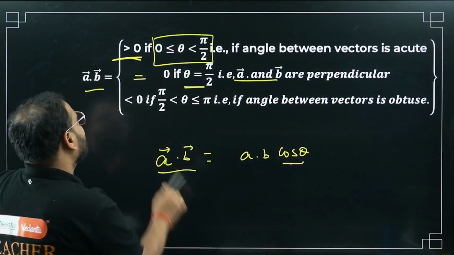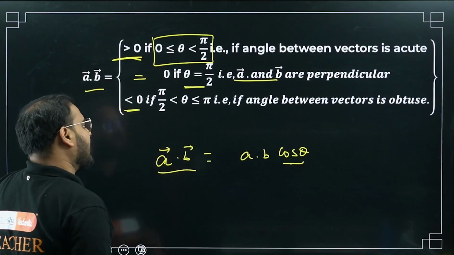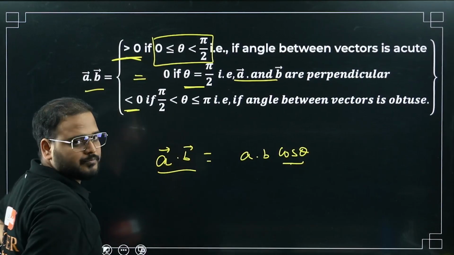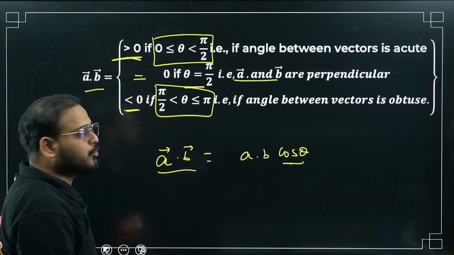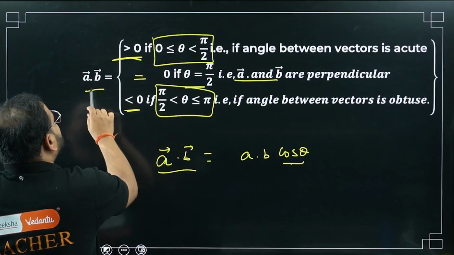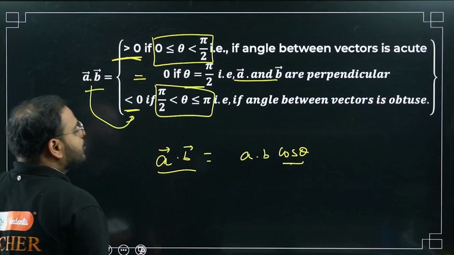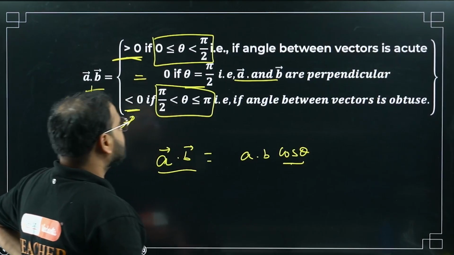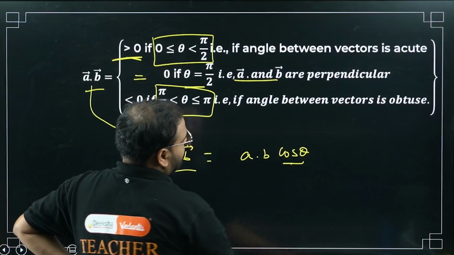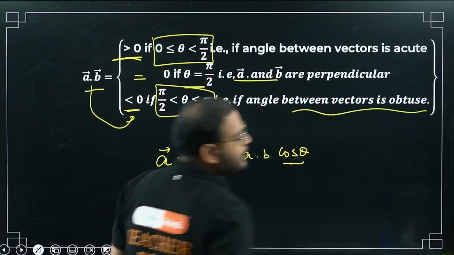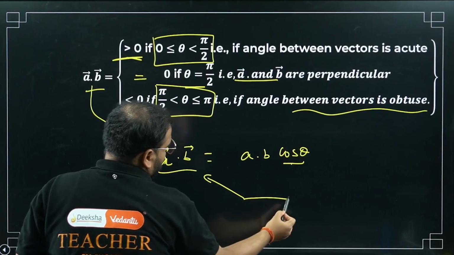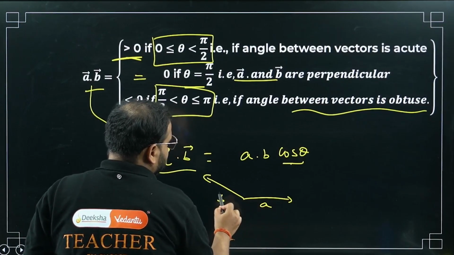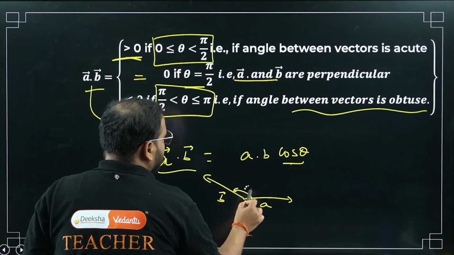The last case, negative when what? When the angle is after pi by 2, so pi by 2 to pi. In this case, when the angle between the vectors is obtuse, like this, let's say this is vector A, vector B, and this is my angle theta.